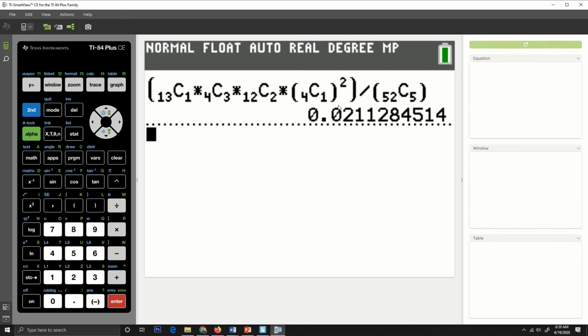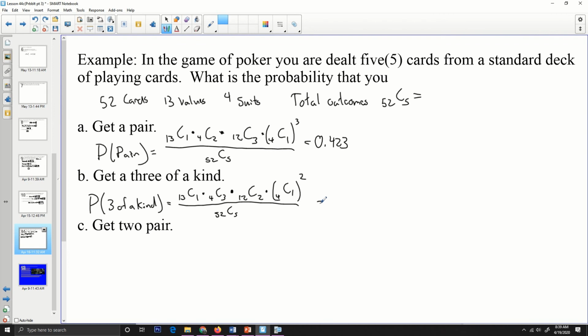And since I have a 0 as this first one, 3 significant figures will be these first 3. So you have a 0.0211, so you have a 2% chance of getting dealt 3 of a kind. That's way lower than getting dealt a pair. So a pair is a pretty easy value to get.